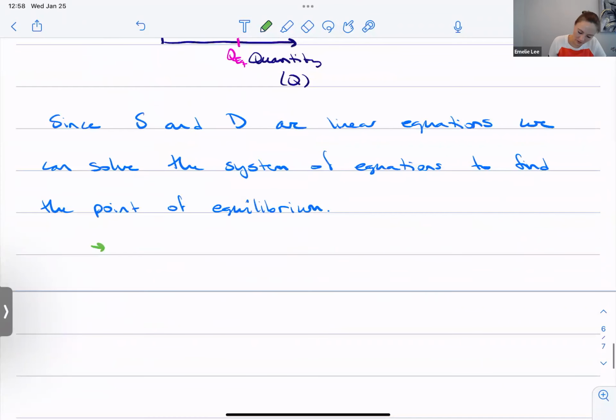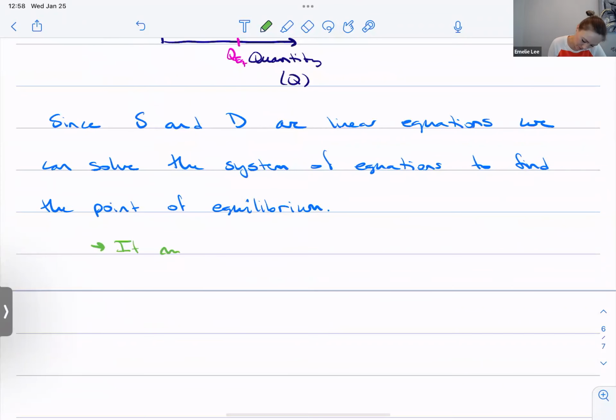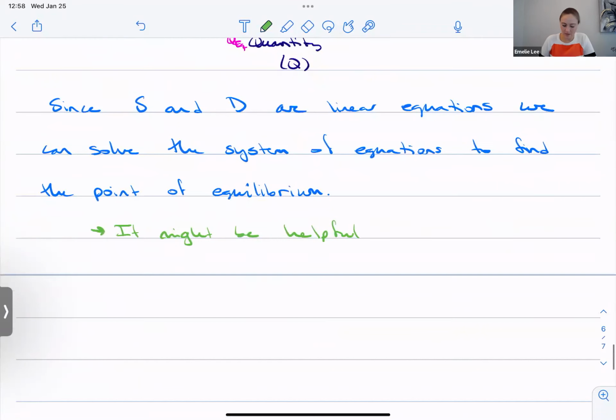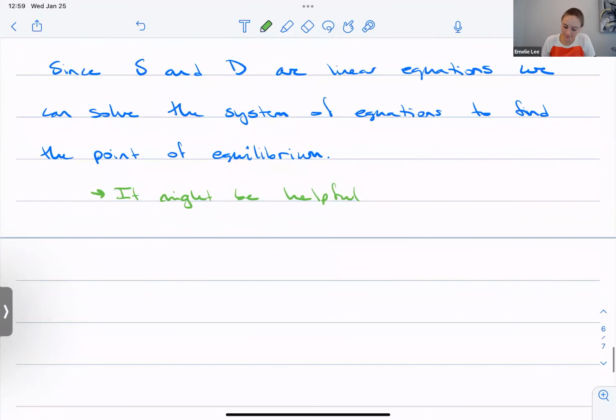So it might be helpful to think of P as Y and Q as X.